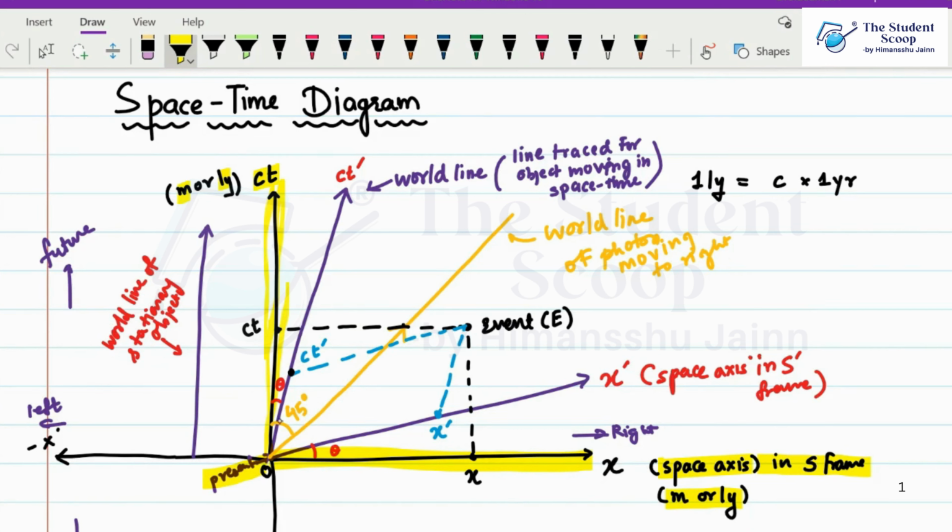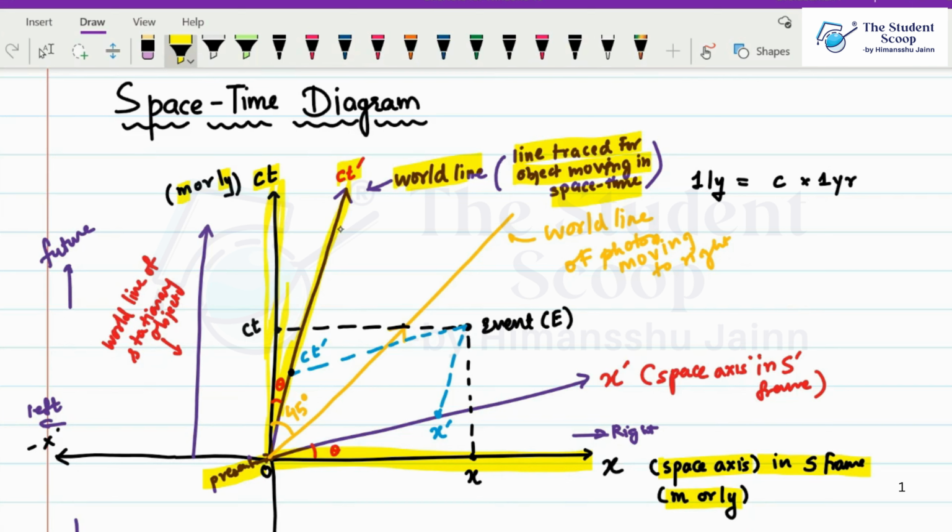Now, if there is a rocket or some kind of spaceship that is moving in space and time simultaneously, it will trace a line that is inclined with the time axis. And this is something that is called a world line. A world line is a set of coordinates, or the line traced by an object moving in space-time.